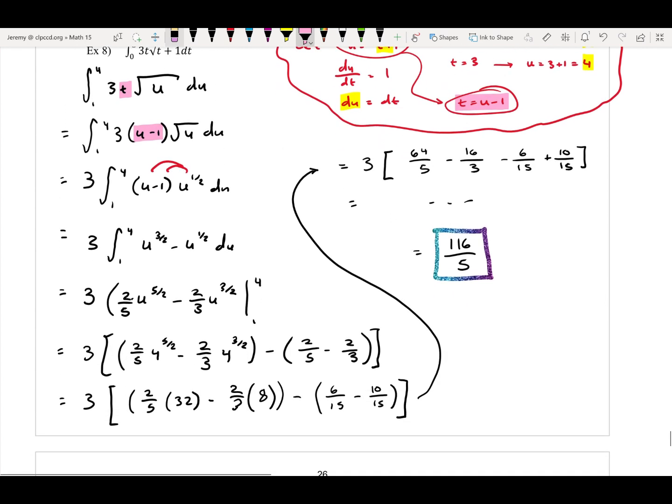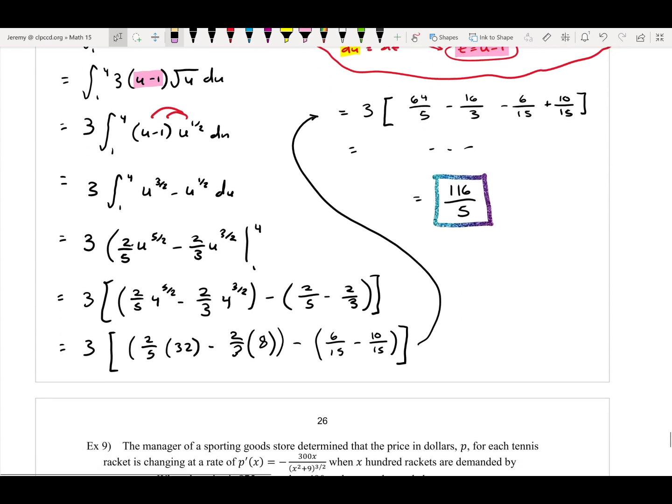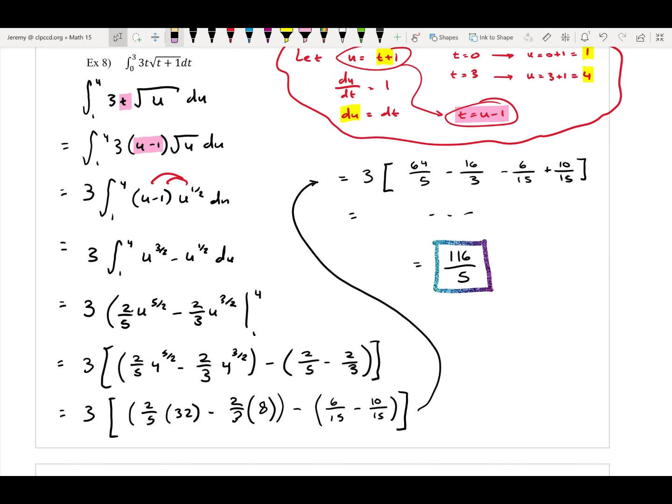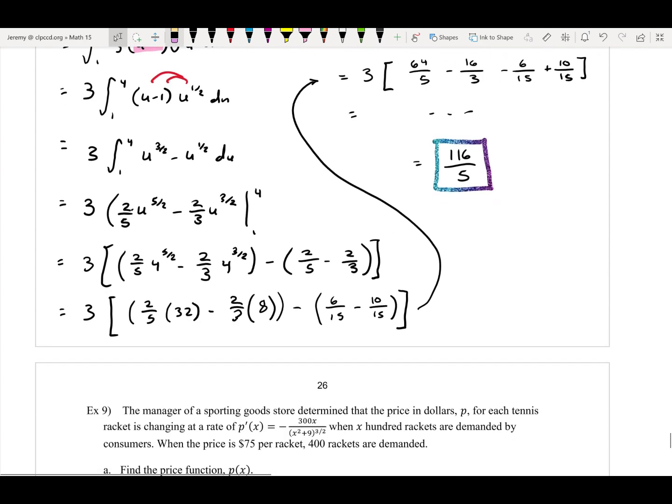And then a very challenging integral in terms of the arithmetic we had to do, but just work slowly, carefully, check your work after every step, and we should be left here with 116 over 5.